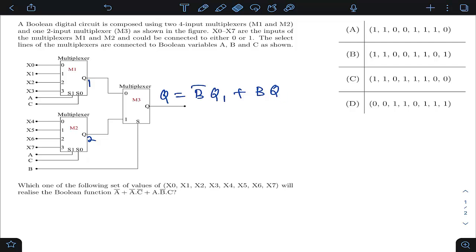So B bar Q1 plus B Q2 is the expression.